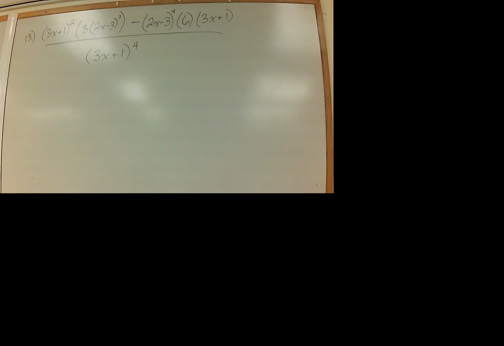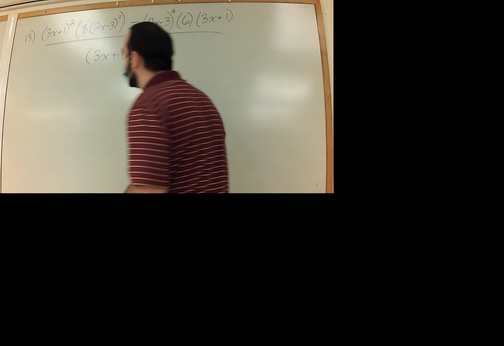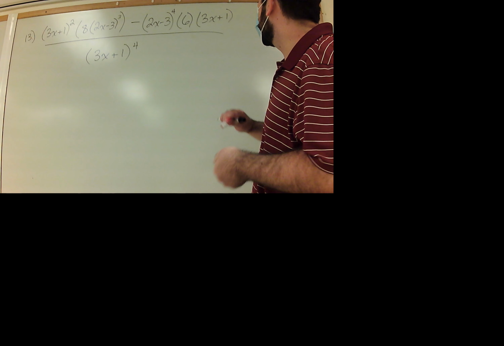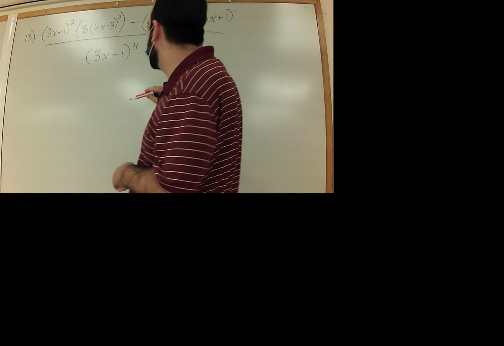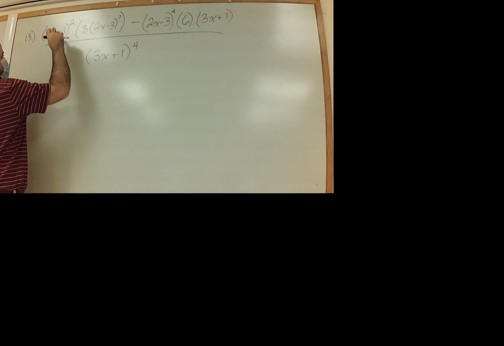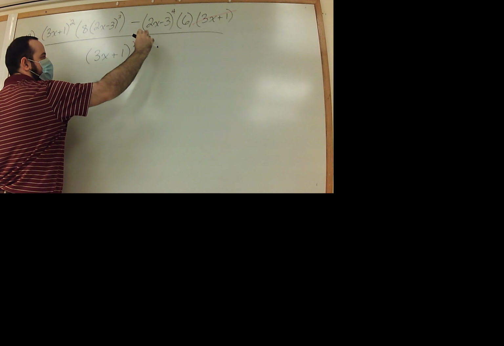Fun times. Let's see. What can I do here? Got one factor of 3x plus 1. We can take it out so we can get rid of one of those with one of these.